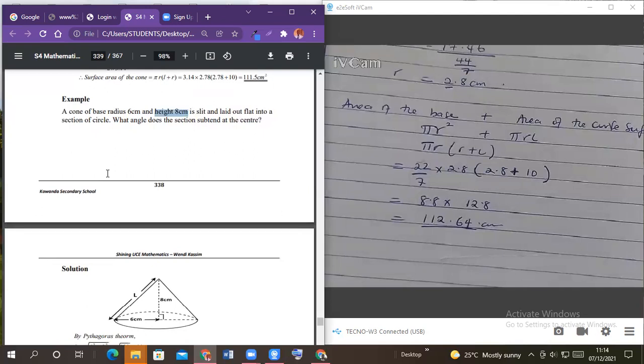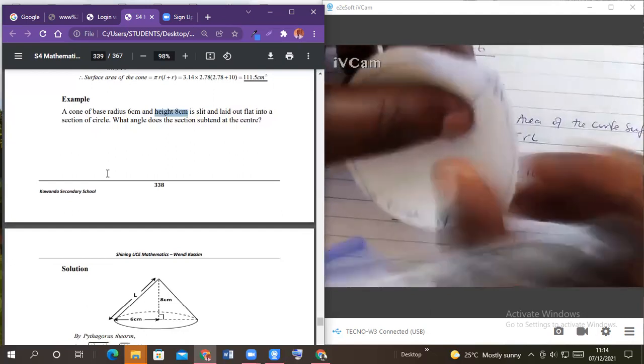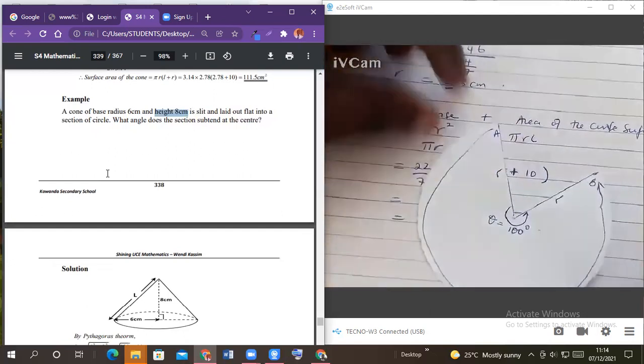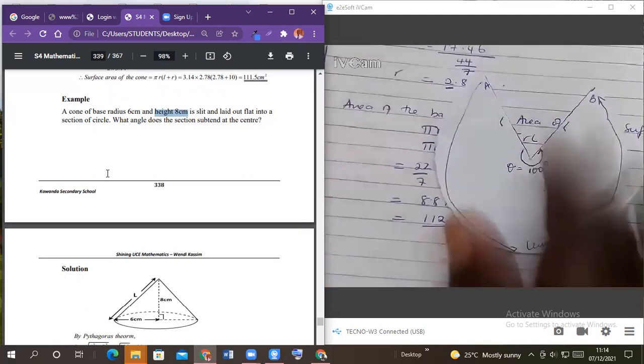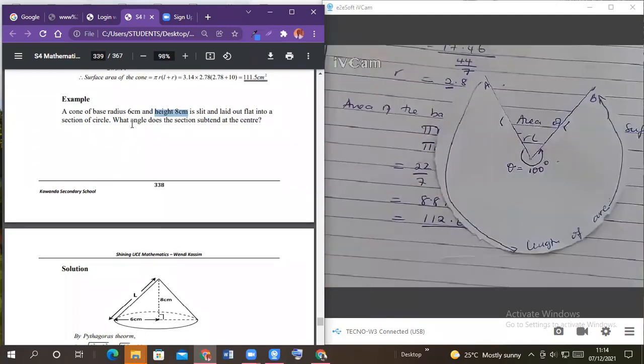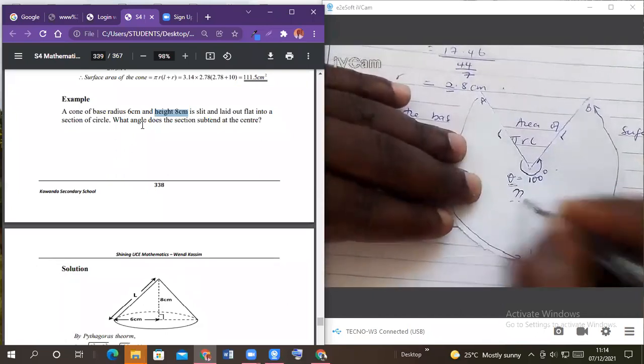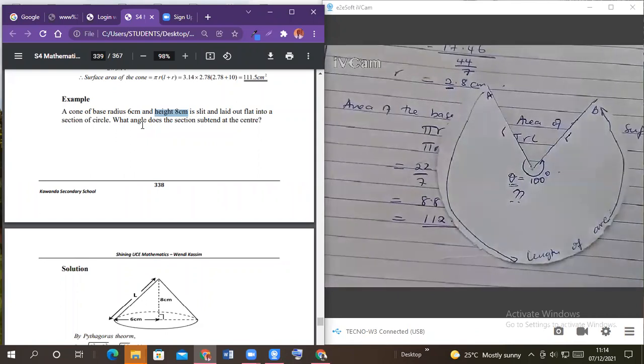So the cone has a base radius of 6, and they have given you the height. It was a cone like this, but now it was cut and formed a section of a circle. They're asking what angle that section subtends at the center, this angle theta.